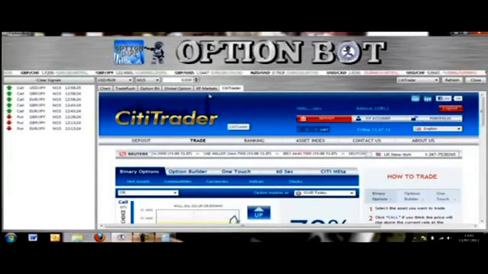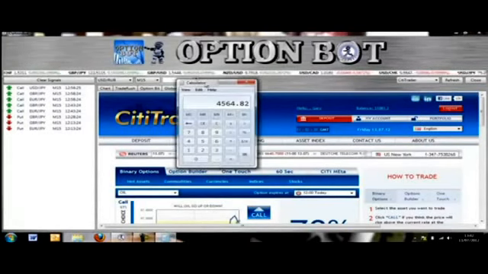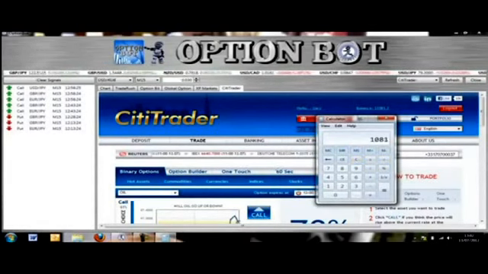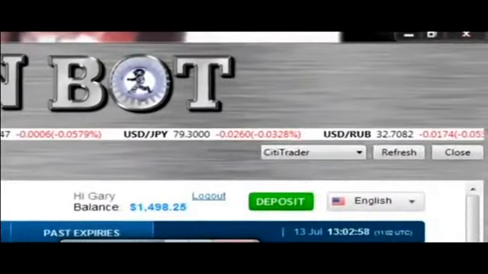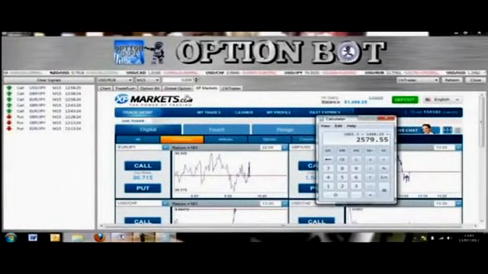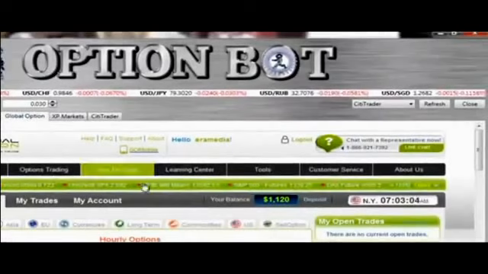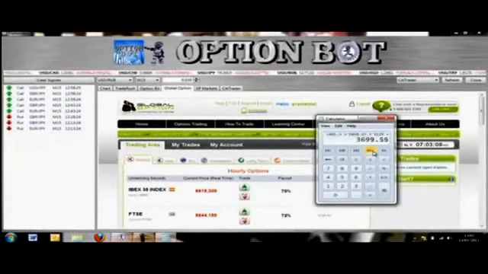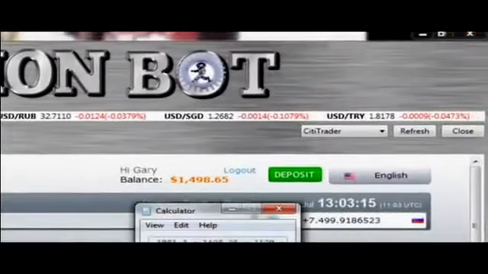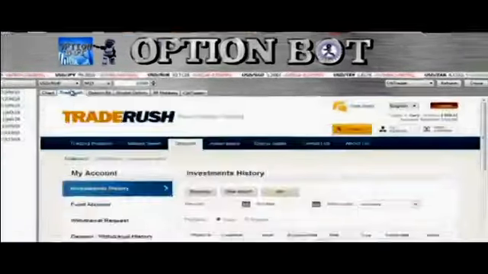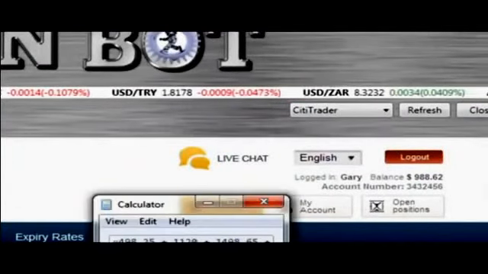So I'll bring up the desktop calculator. We started off with a cumulative balance of $4,564.82 as you can see here. So it's $1,081.30 with CityTrader, $1,498.25 with XP Markets, $1,120 with Global Option, $1,498.65 with OptionBit, and finally $988.62 with TradeRush.